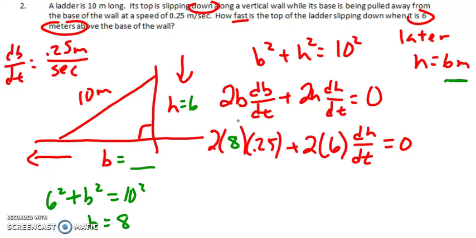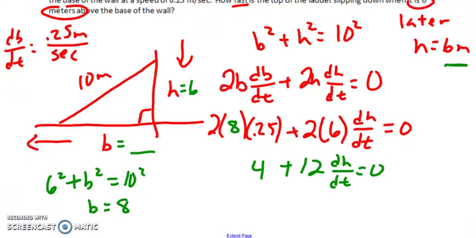Okay, and then let's go ahead and figure this out. If I plug this into my calculator, I'm going to get that to be 4. And then 2 times 6 is 12. And then you just continue to solve. So 12 dh/dt equals -4.